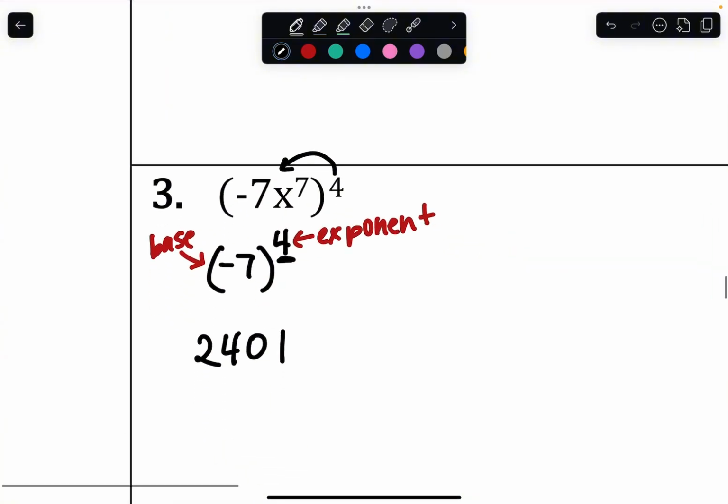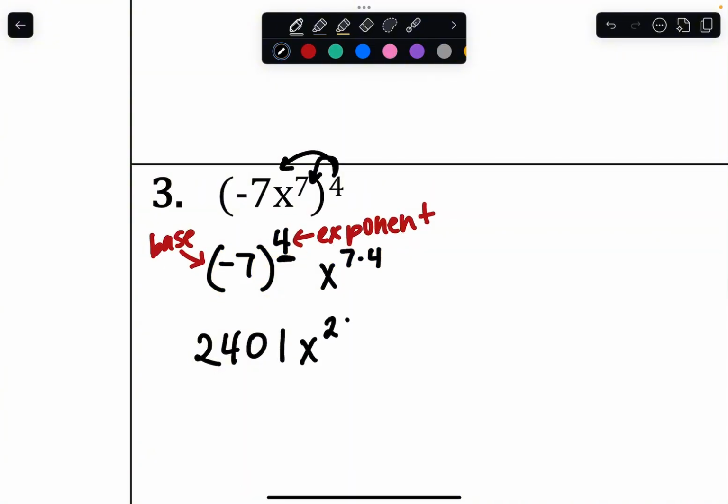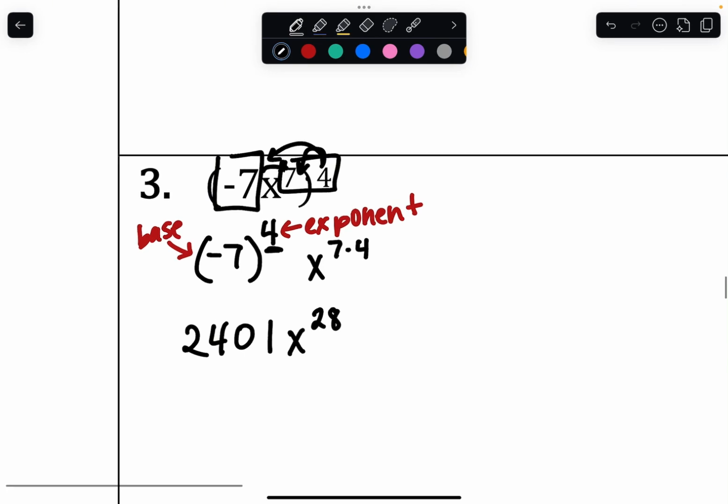Okay, and then this x already had an exponent, so those exponents get multiplied. So you can multiply little number by little number, never multiply a big number by a little number. Okay, and so that would be x to the 28. Okay, little numbers can be multiplied. Big numbers do not get multiplied by those exponents.